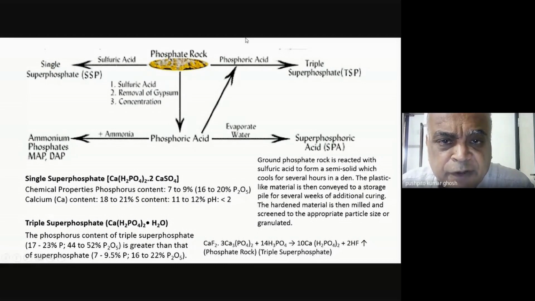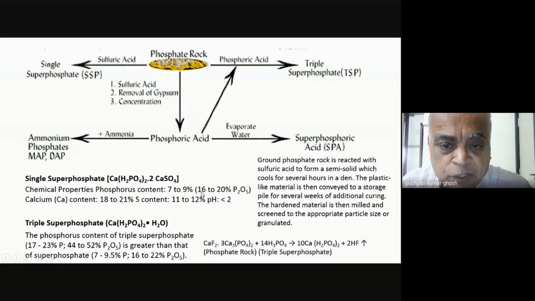If one reacts phosphate rock with sulfuric acid, and as I told you, phosphate rock is mainly calcium phosphate, you can react it with sulfuric acid, and depending on the stoichiometry of sulfuric acid, how much you take, you can end up with either this product, which is known as single superphosphate.